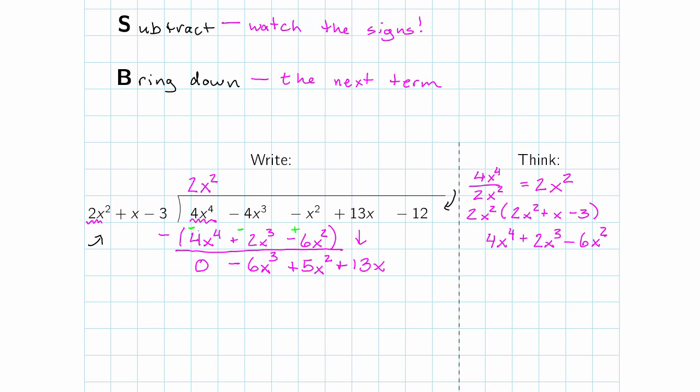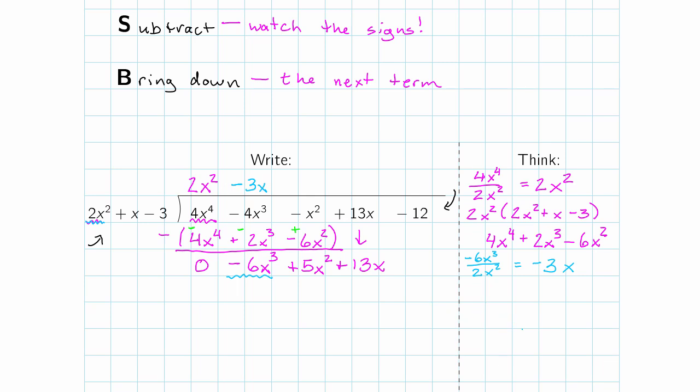So now we look at the first terms again. We've still got a 2x squared there. We've got a negative 6x to the third. Negative 6x to the third divided by positive 2x squared is going to be a negative 3x. The next term in our quotient is going to be a negative 3x.